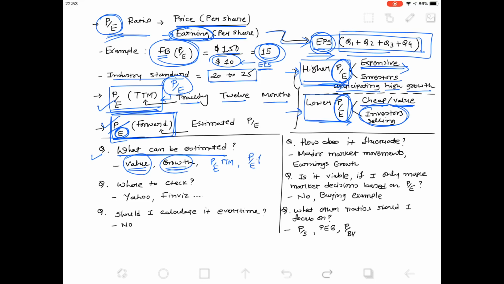Sometimes for any stock, let's say PETTM is 40, so at this point you may find this stock a bit on the higher side of the value or the range, but at the same time, for some stocks the PE forward ratio is lower than the TTM ratio, maybe it's 20.